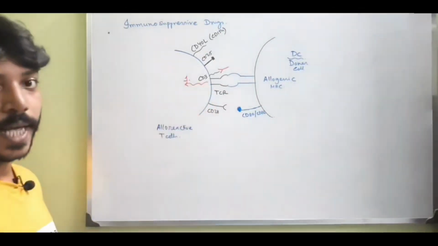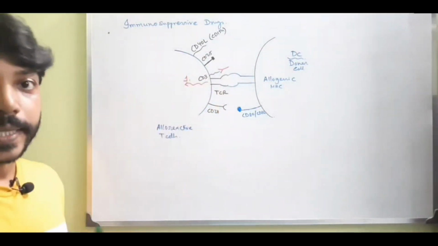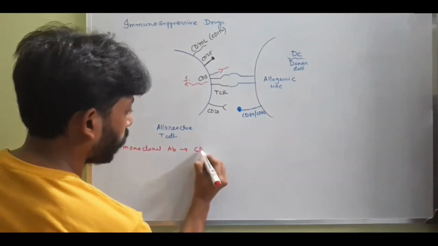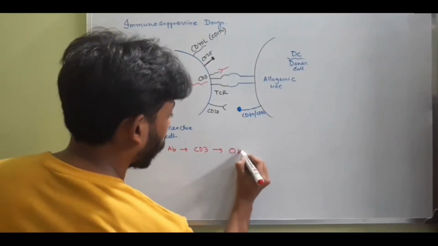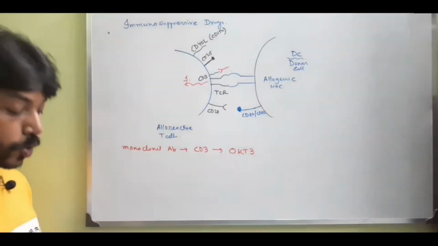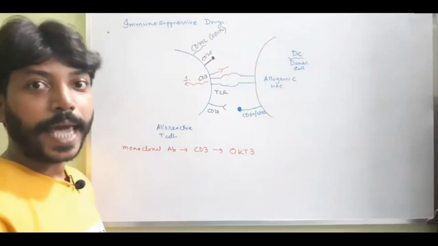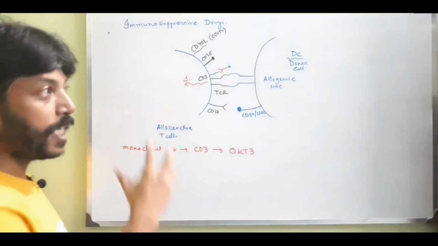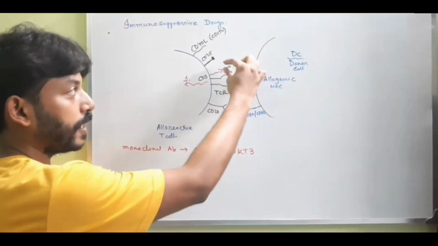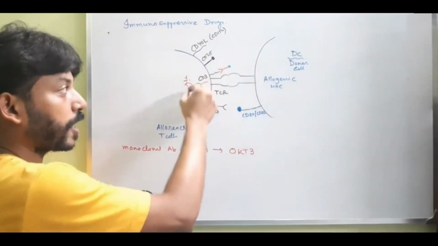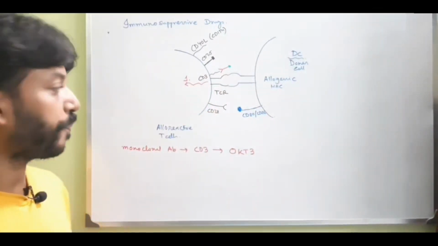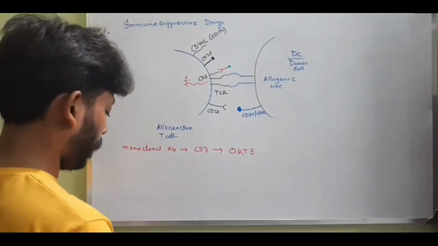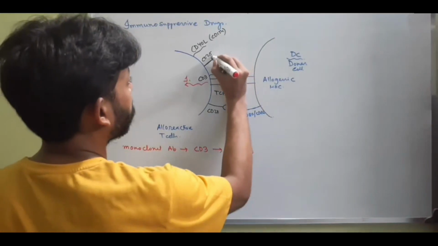So they use a monoclonal antibody against CD3, named OKT3. They also added diphtheria toxin on this antibody. So when a T cell binds this antibody, the diphtheria toxin enters the cell and kills it. They also use anti-CD25 monoclonal antibody.